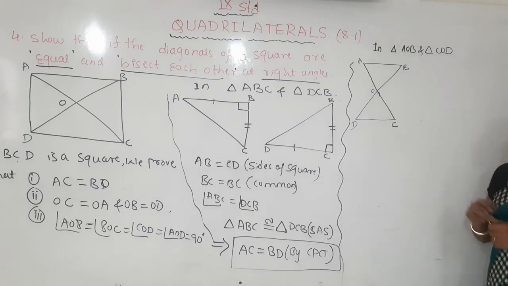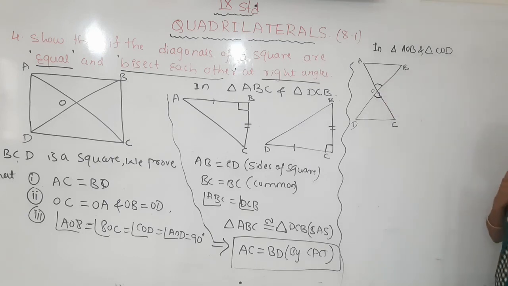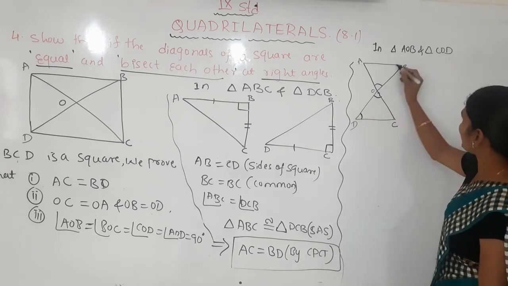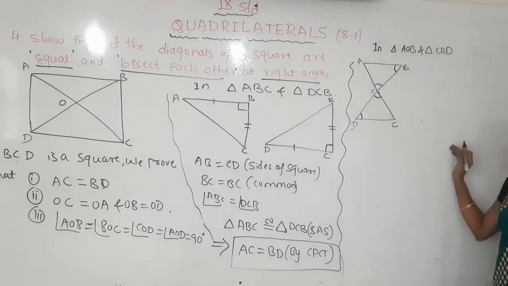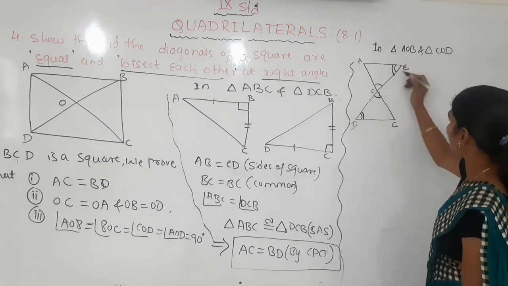Just observe here. What about these two angles? Vertically opposite angles are equal to each other. And one more thing. Just observe these two angles, angle D and angle B. What type of angles are they? They are alternate interior angles. Are these two angles equal in their measurement? Yes.